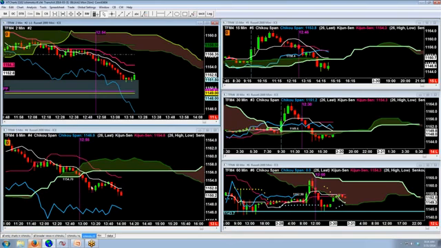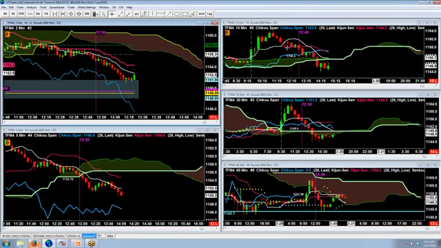So if you get through the 54.70 area, the next area that you would be looking at is the 52.90, based on this Kijun line here. Then once you get through that 52.90, the next area would be the top cloud area on the 15-minute chart, which is at 50.40. Then if you can get through that, you are looking at this 49.60 area, the top part of the cloud on the 30-minute.